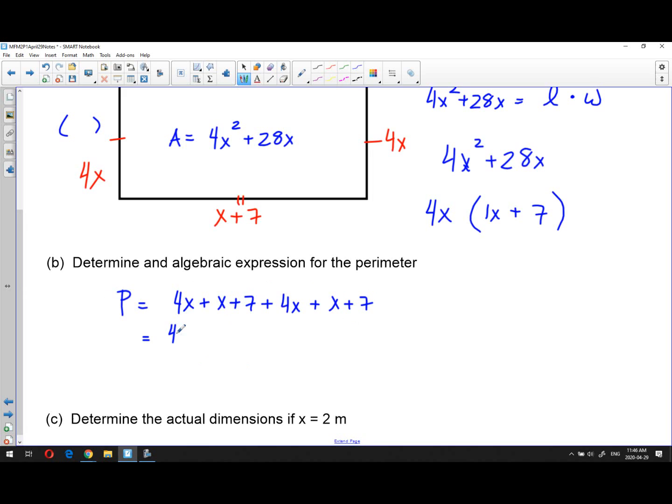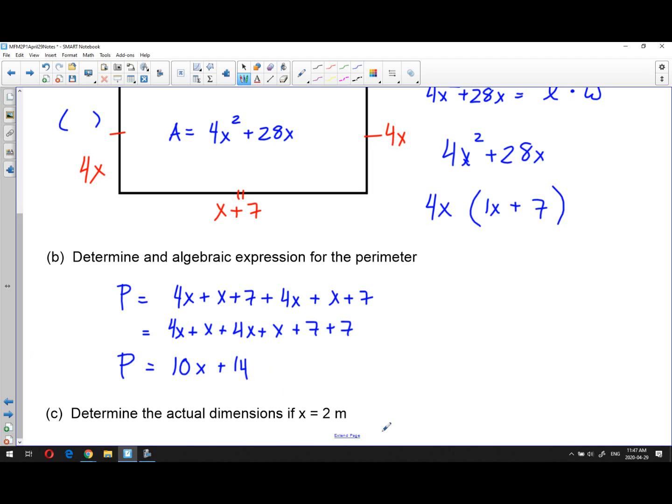I'm going to put all my x terms together. 4x plus x plus 4x plus x. And I'll put my constant terms together, plus 7 plus 7. So an expression then for the perimeter, 4x plus x plus 4x plus x, that's 10x. 4 plus 1 plus 4 plus 1. Plus 7 plus 7 is 14. So an expression for the perimeter is 10x plus 14.